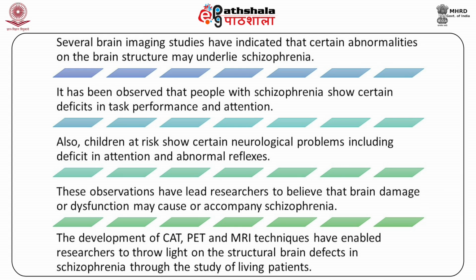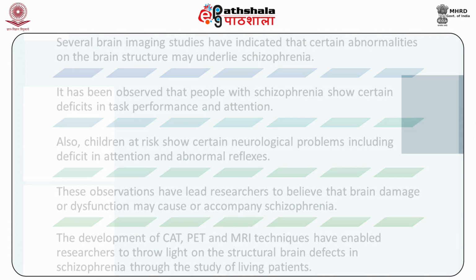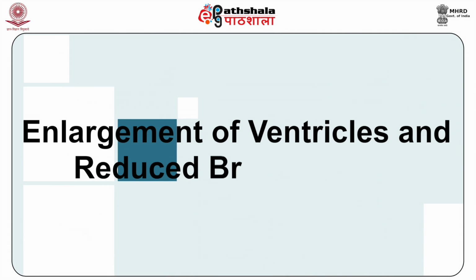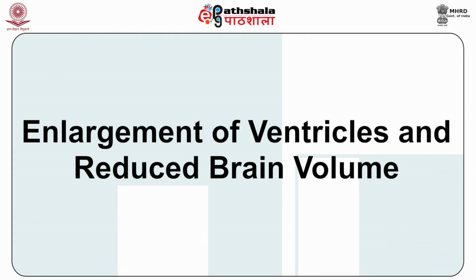Those observations have led researchers to believe that brain damage or dysfunction may cause or accompany schizophrenia. The development of CAT, PET and MRI techniques has enabled researchers to throw light on the structural brain defects in schizophrenia through the study of living patients. Enlargement of ventricles and reduced brain volume.